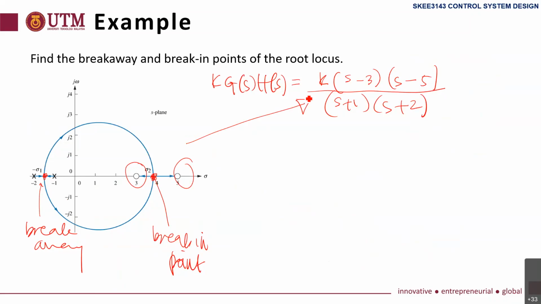This is called the open loop transfer function. From open loop, you can get open loop poles and open loop zeros. Open loop poles equal minus 1 and minus 2. Open loop zeros equal 3 and 5.